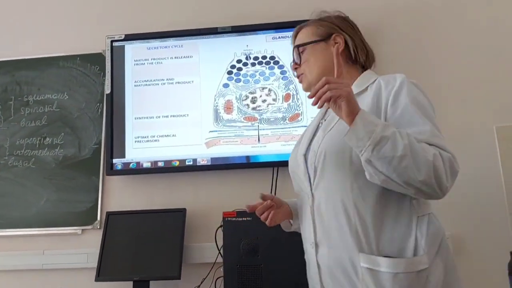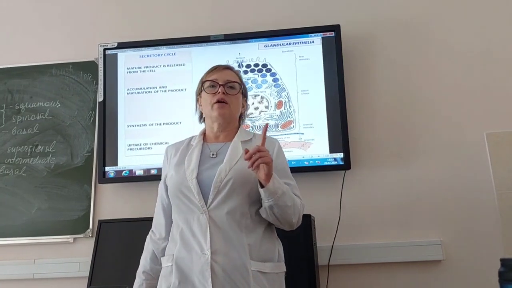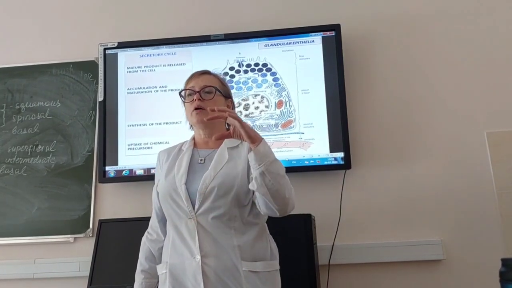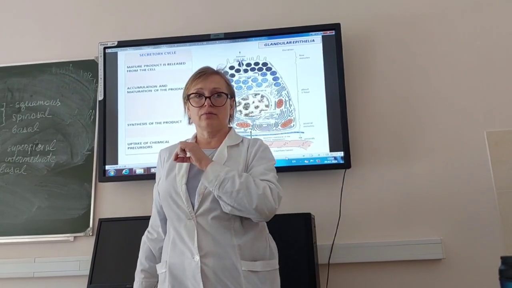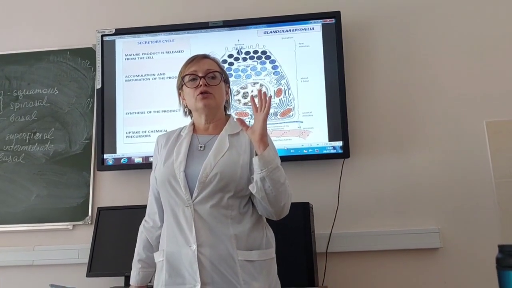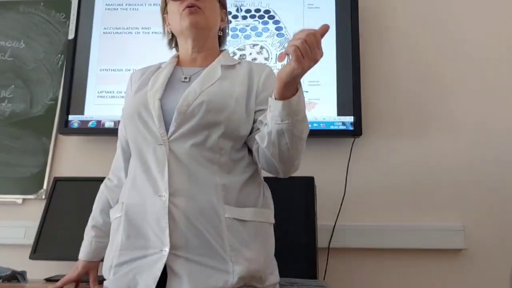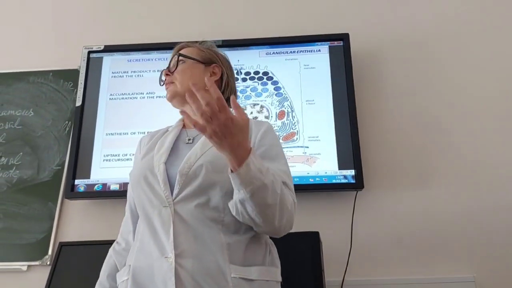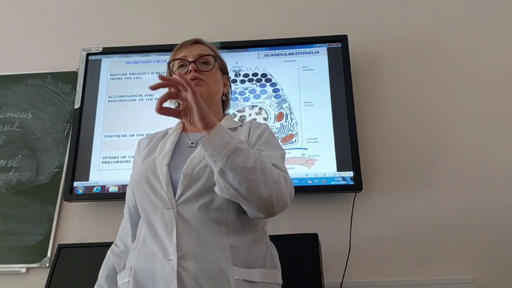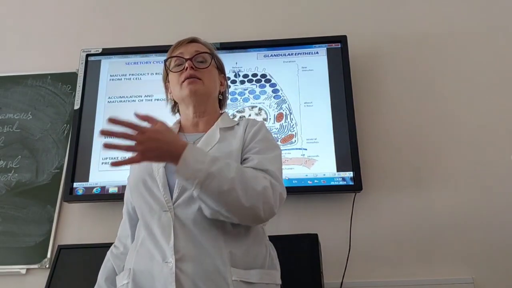Because next Thursday is the colloquium. For the colloquium, you should have your working book signed. So, if you didn't miss class, you should find me and I ask you, and if you answer, I sign.